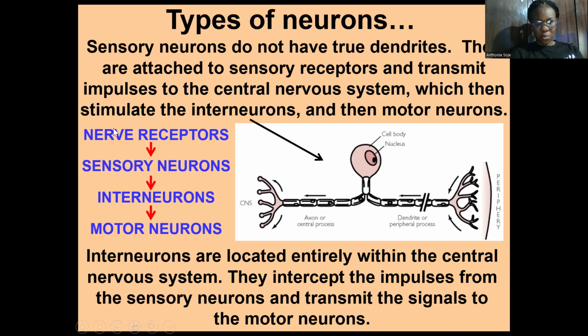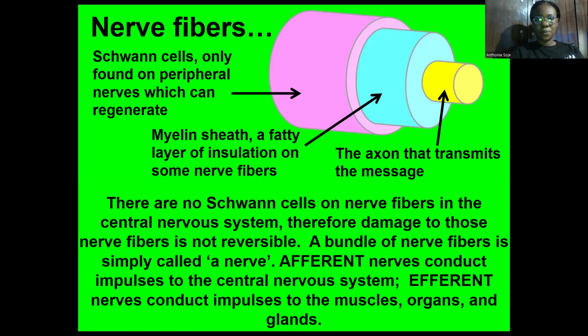So this is the flow of impulse from the nerve receptors to the sensory neurons, to the interneurons, to the motor neurons. And interneurons are located entirely within the central nervous system, and they will intercept impulses. It's almost like an intermediary messenger, so to say. They will intercept impulses from the sensory neurons and will then transmit the signals to the motor neurons.